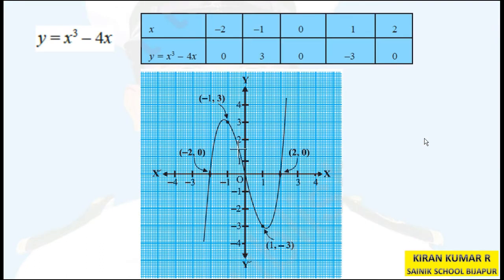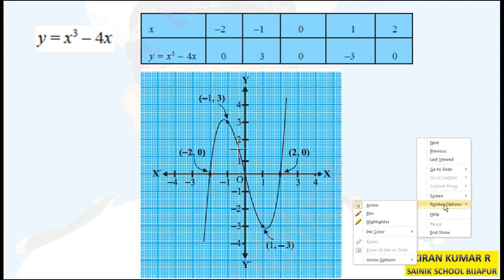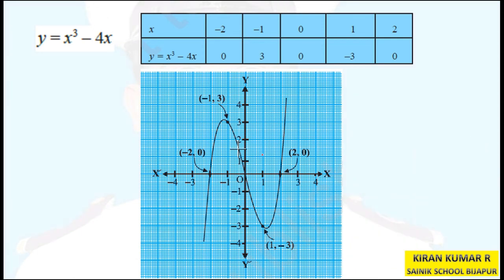Look at this particular graph. This is a graph of a cubic polynomial. Observe where the curve of the graph cuts the x-axis. The curve cuts the x-axis at these 3 points.